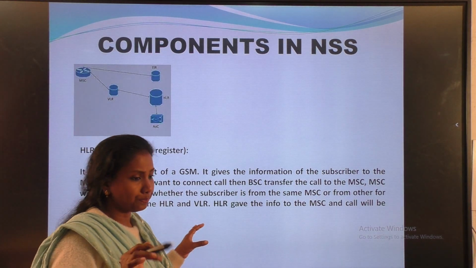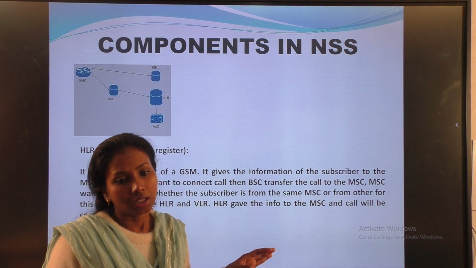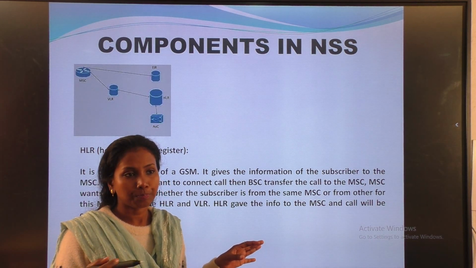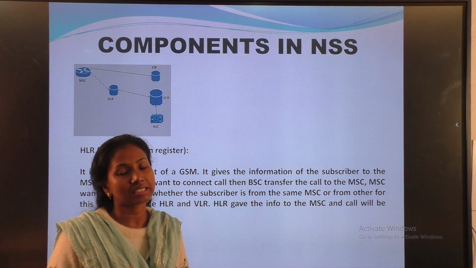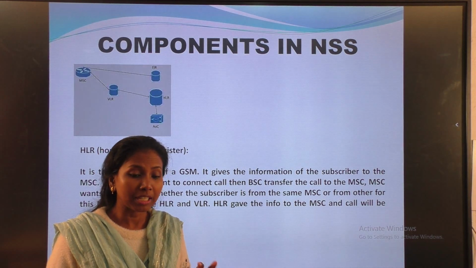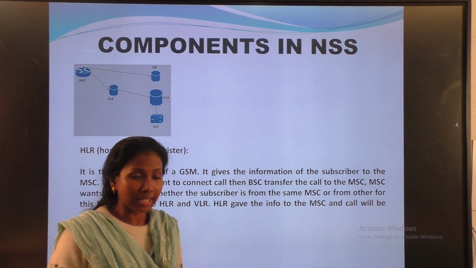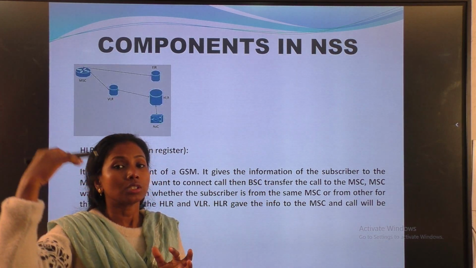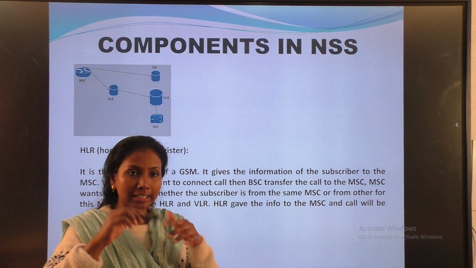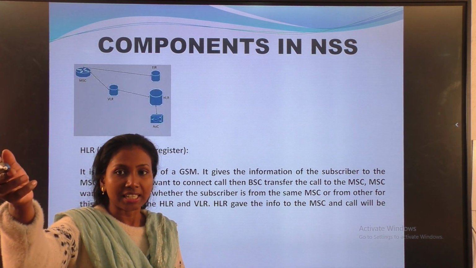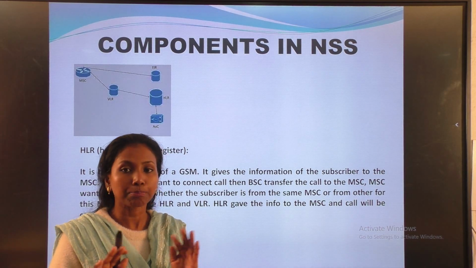You see that whenever you go from one cellular network to another, or from one state to another, a message is displayed on your mobile phone: welcome to this cellular network. What does it mean? It means one network's MSC gives the information to the other network's MSC: this is my user, and it is coming to your location, so please provide the service to this user, in simple language.